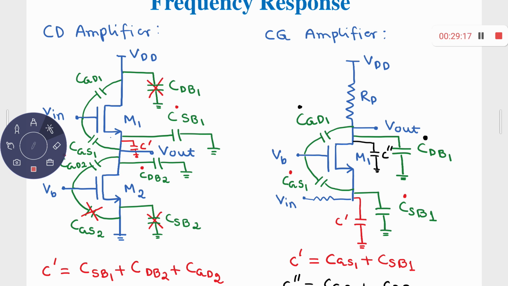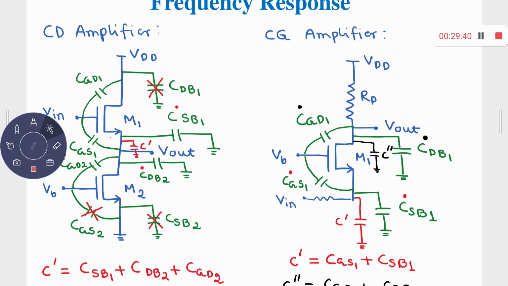Remember, source 1 is connected to input, and there is only one MOS. Source is connected to the input, drain is connected to the output, right? And gate is having some voltage VB, which is equivalent to AC ground.